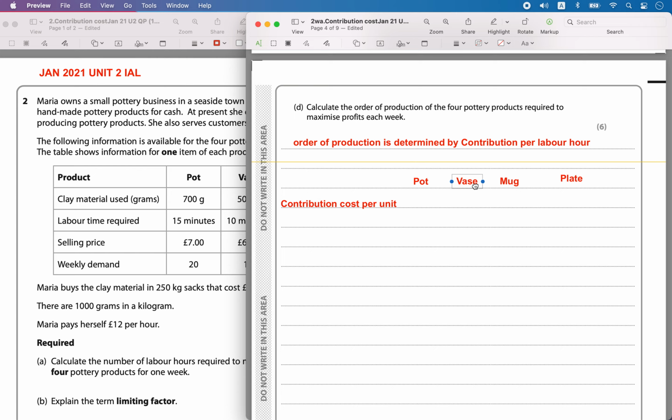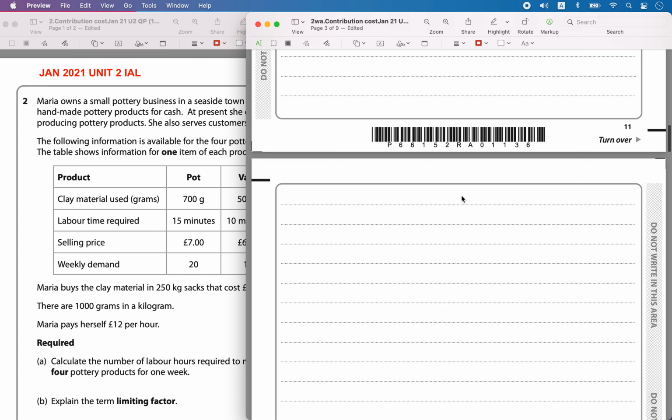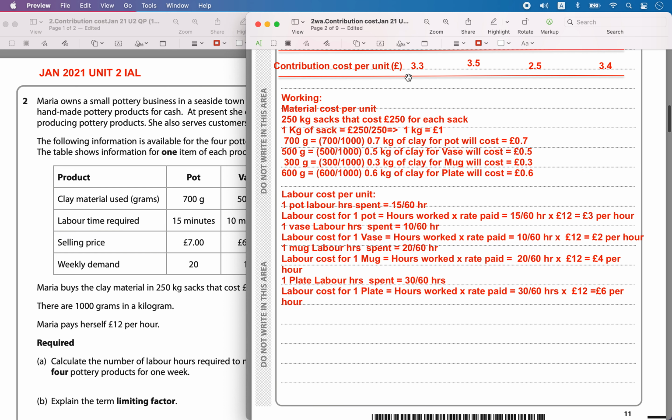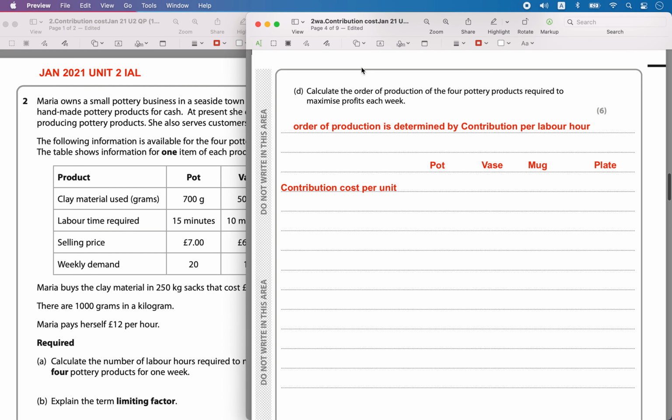So what was the contribution cost per unit? We had already calculated it in the earlier portion: 3.3, 3.5, 2.5 and 3.4. So let's write that. The pot is 3.3, the vase is 3.5, the mug is 2.5 and the plate is 3.4. Time taken per unit in hours we have to calculate.